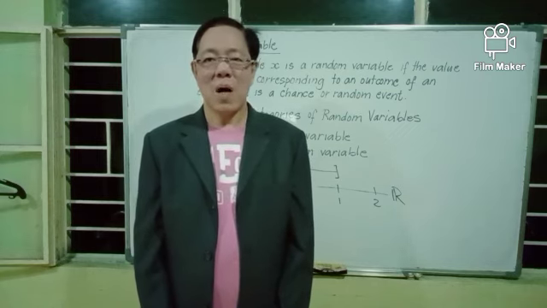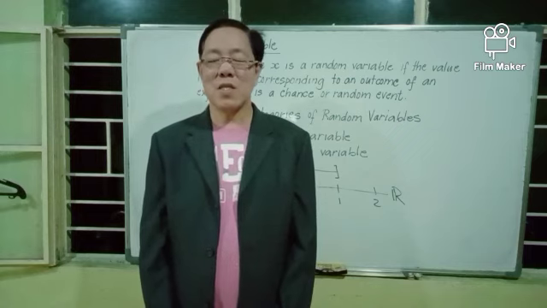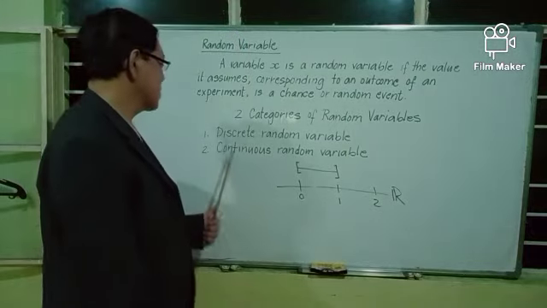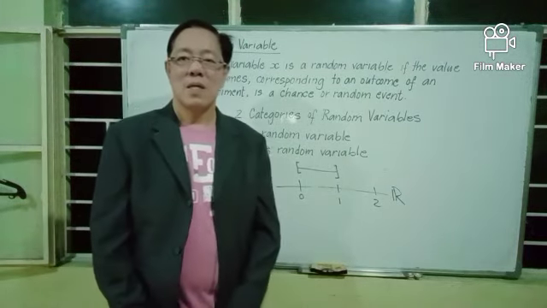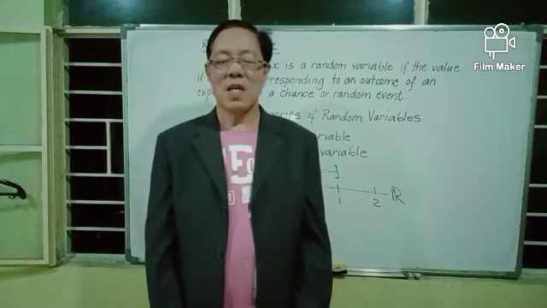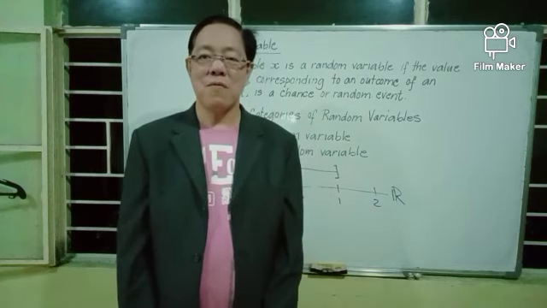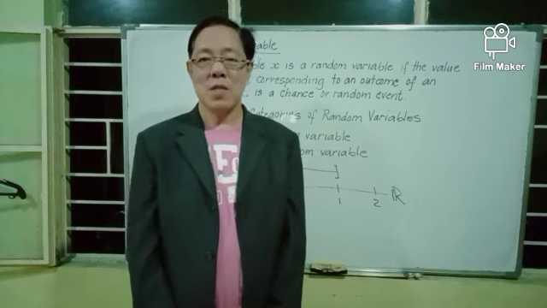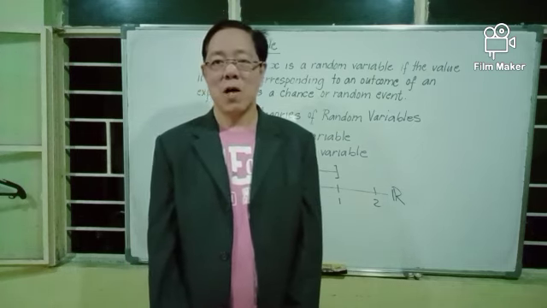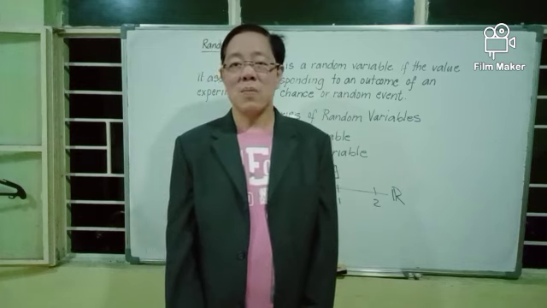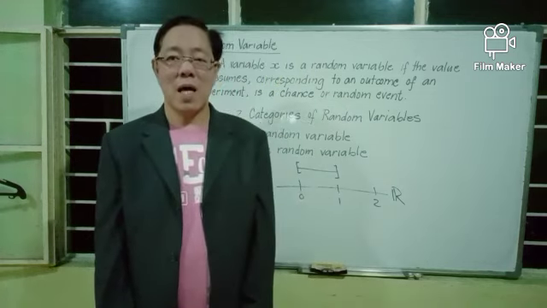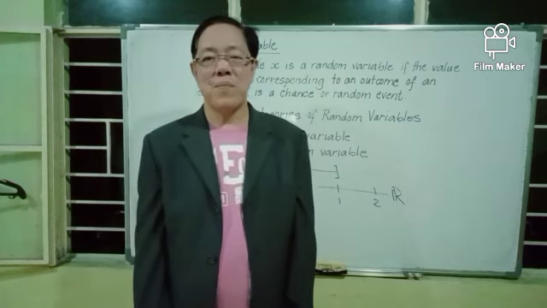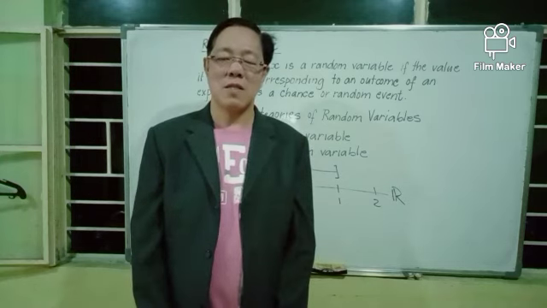And now we will take probability distribution of discrete random variable. In probability distribution of discrete random variable, we display using a table or formula or chart the possible values of the random variable x and the corresponding probabilities of the values of the random variable x.